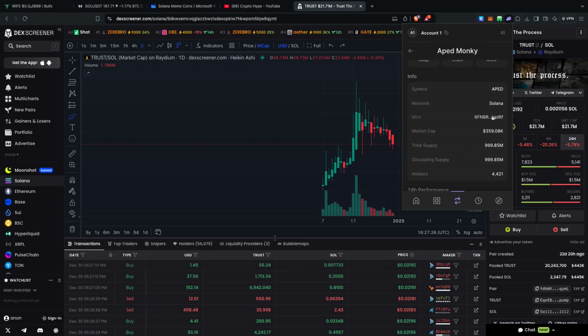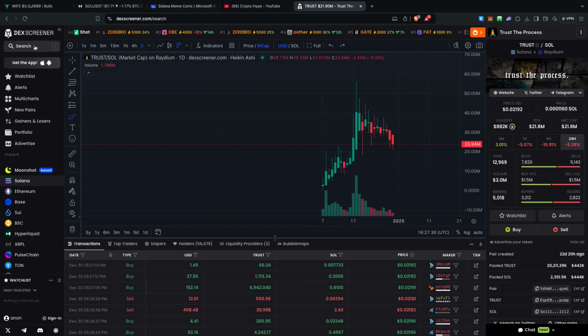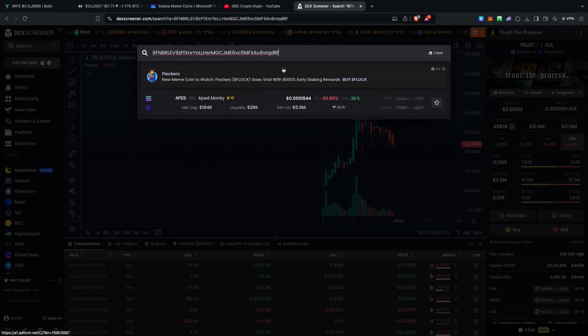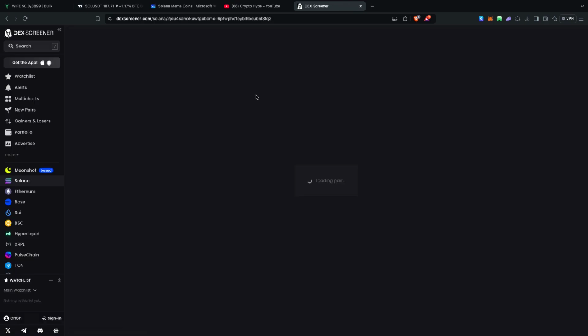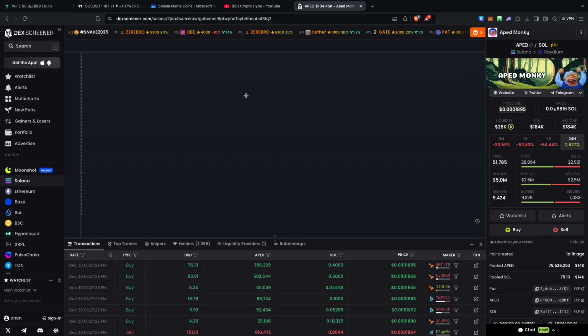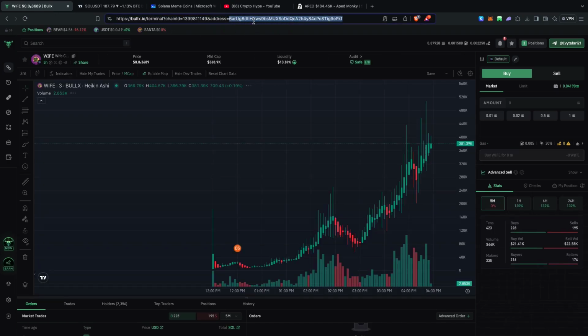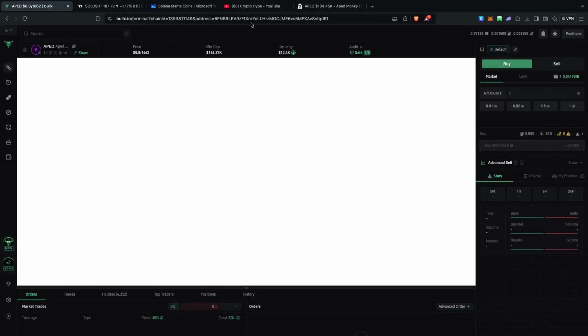We scroll down, we grab the contract address, we search for it, and then we take a look at how it has been performing. So this coin has been around for how long? Let's also go to Bullx. Let me do that. Paste in the contract address and see how it has been performing.